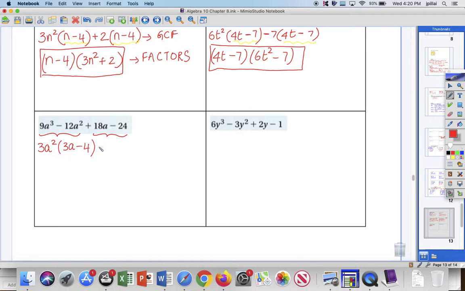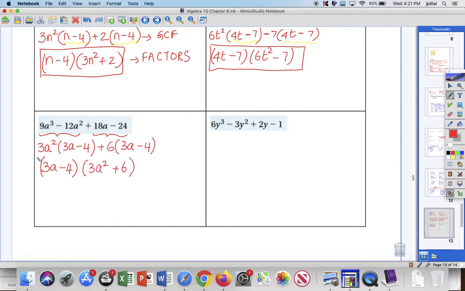Plus 18 and 24, yes, 6 is the greatest common factor. So you're left with 3a minus 4. Now you see these two are the same, so it's back to the same step. 3a minus 4 can be factored out, and you're left with 3a squared plus 6.